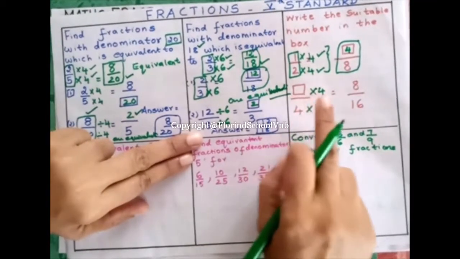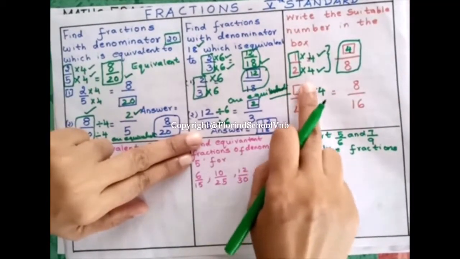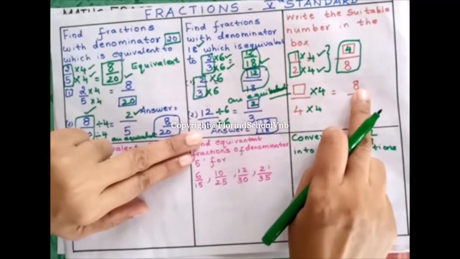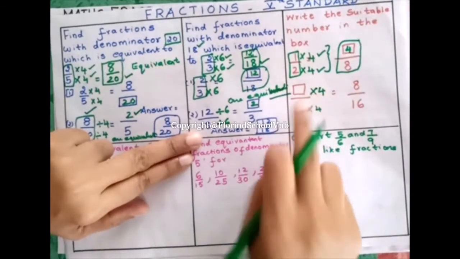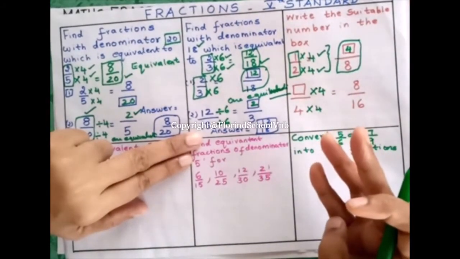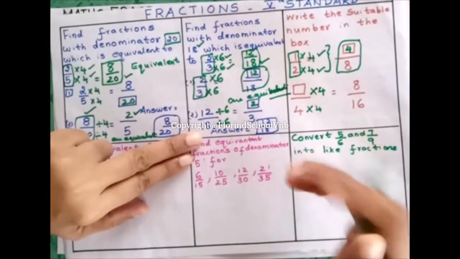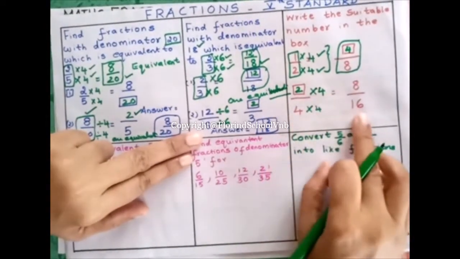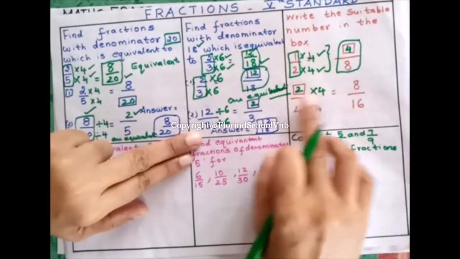What if we multiply any number with 4, the answer should be 8. So say the fourth table. 1 four is 4, 2 fours are 8. So 4 fours are 16, 2 fours are 8.